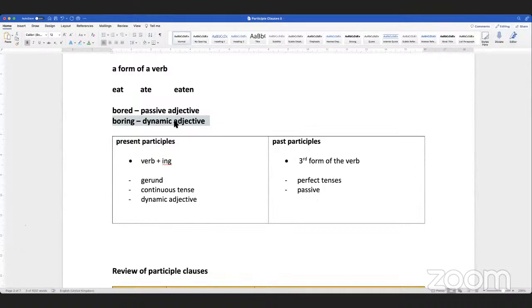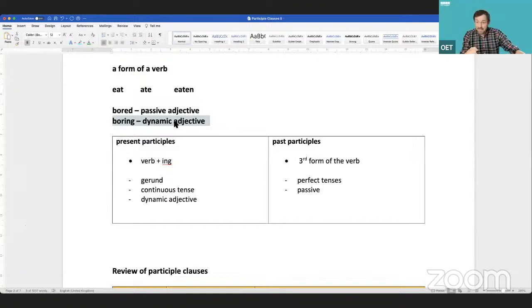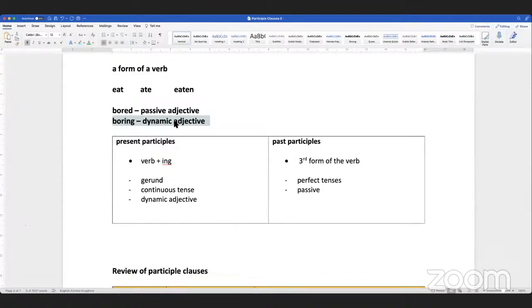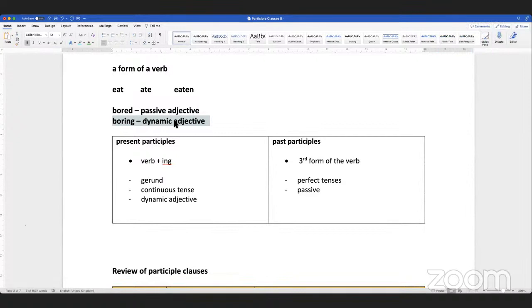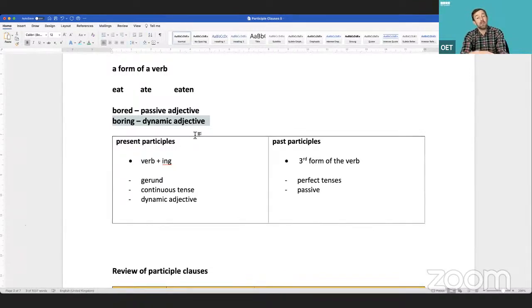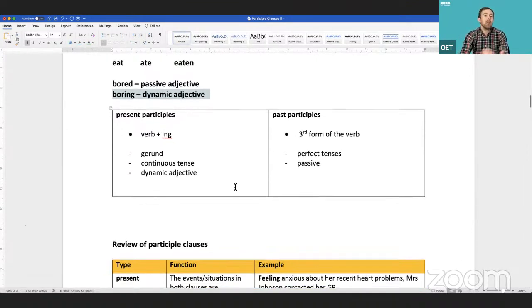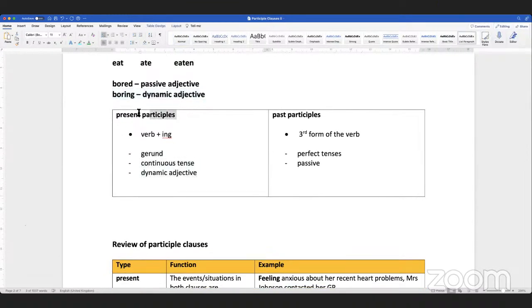No, the ice cream is exciting. Children are excited. And ice cream can't be excited. You don't look at the ice cream and say, wow, you're enjoying this. The ice cream is exciting, making the excitement. Attractive and attracted are similar. Okay. So that's what we use these present participles for.